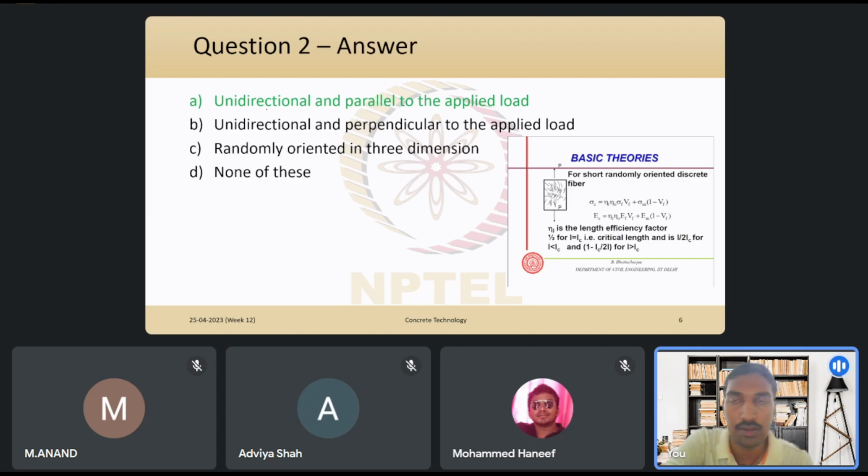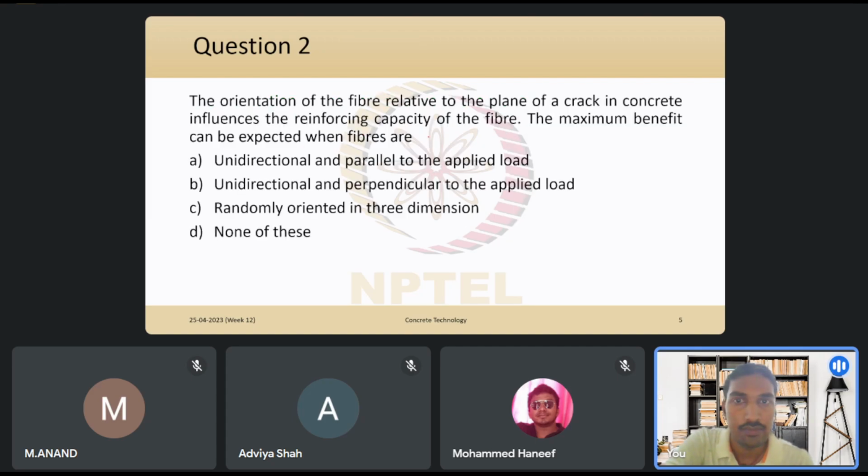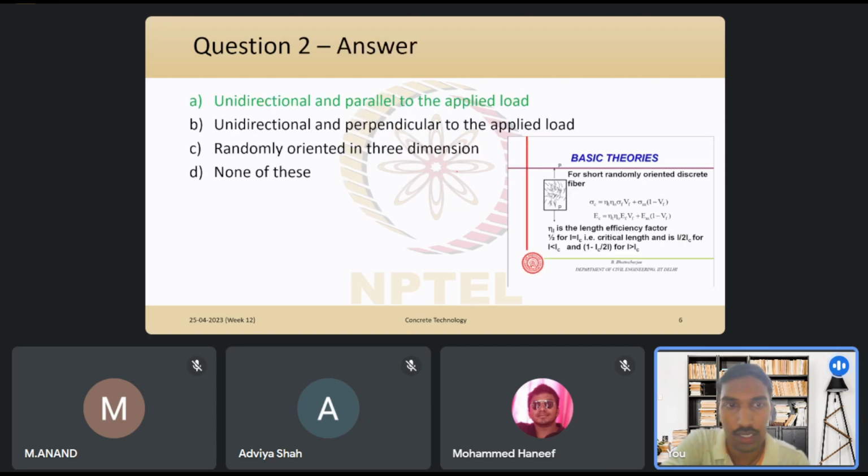The reinforcing capacity is maximum when you have unidirectional and parallel orientation of the fibers, which is parallel to the applied load, right? So initially we started with our discussion about fiber reinforced concrete. We looked at an ideal case.